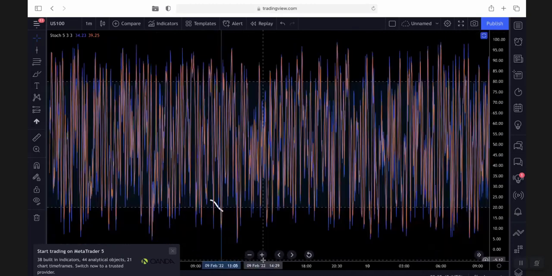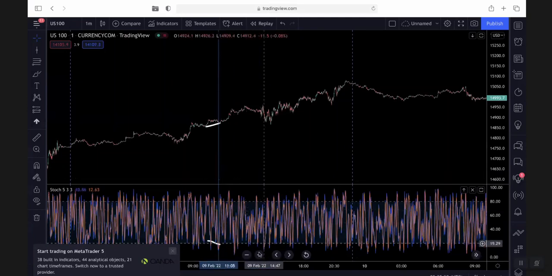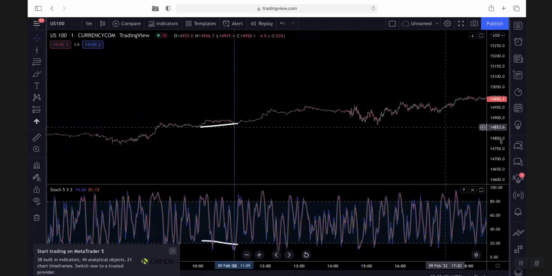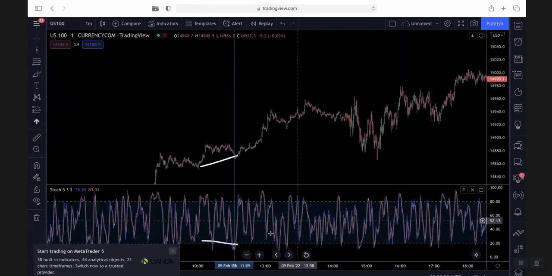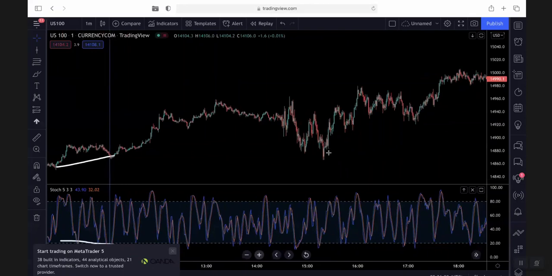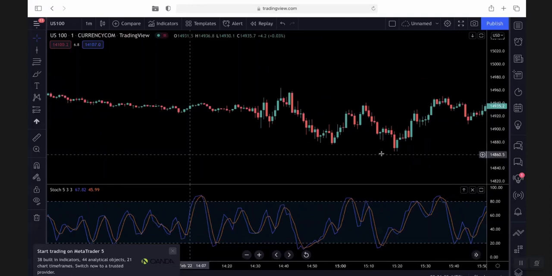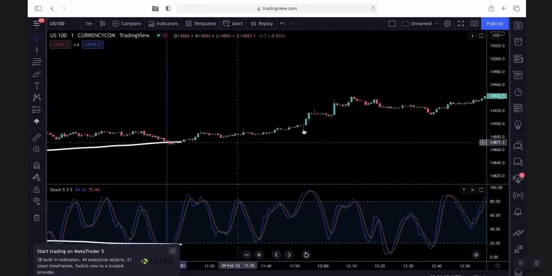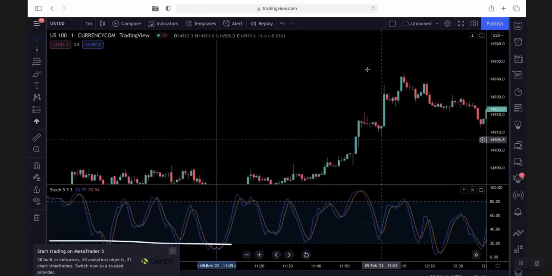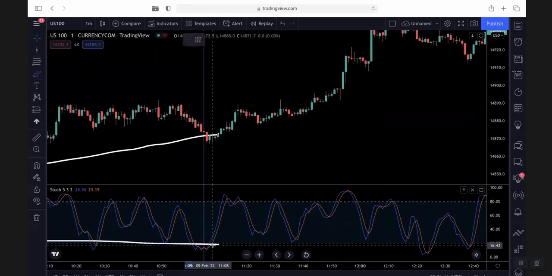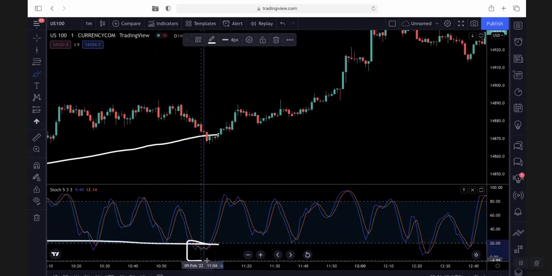Oh, there we go. Okay, there we go. So if you can check this out, on the 1 minute the market was at the oversold, meaning it was in this box. Can you see that? If you can see that, let's go to 5 minutes.